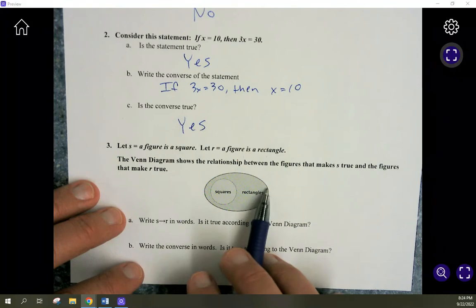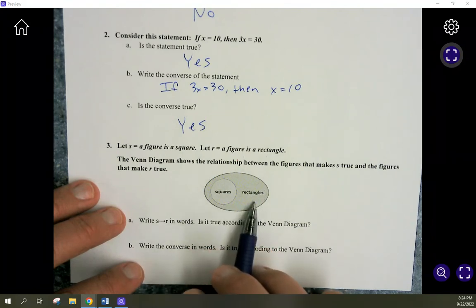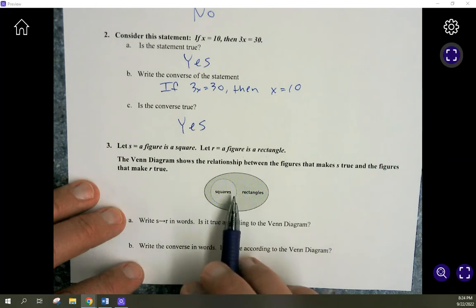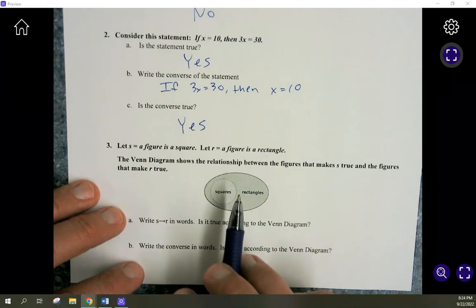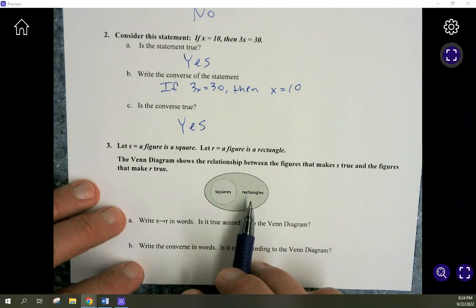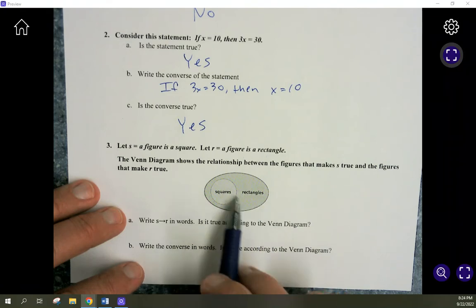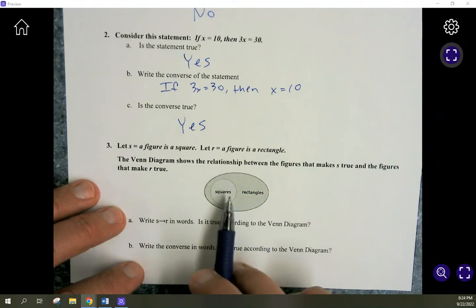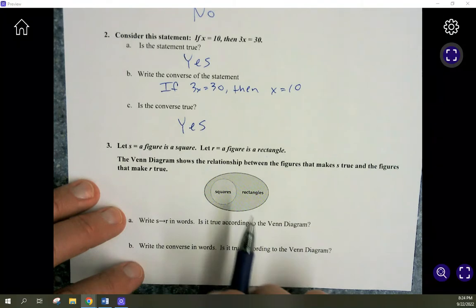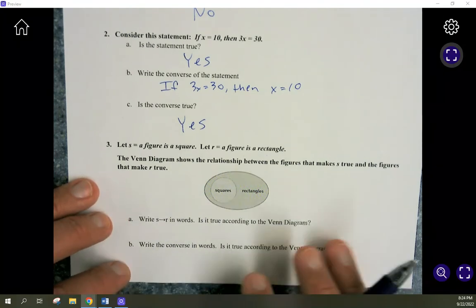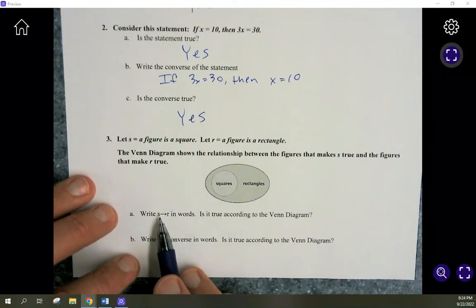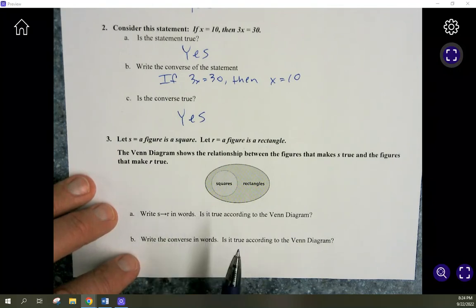So every square is a rectangle. But out here in this space, there are rectangles that do not fit inside the squares circle part of the Venn diagram. And we know that we can draw a rectangle that's not a square, but you cannot draw a square that isn't a rectangle. Every square is a rectangle. Four-sided polygon, 4 90-degree angles.